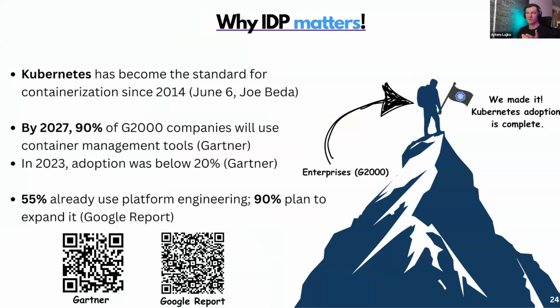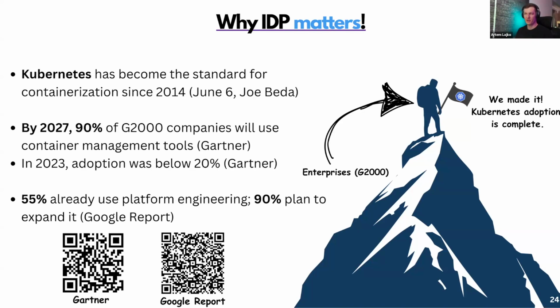For example, we celebrated this year 11 years of Kubernetes. Gartner provided a report last year where they said that by 2027, 90% of the G2000 companies will adopt not Kubernetes, but container management tools, some containerization, whatever it's called. In 2023, the adoption was below 20%.